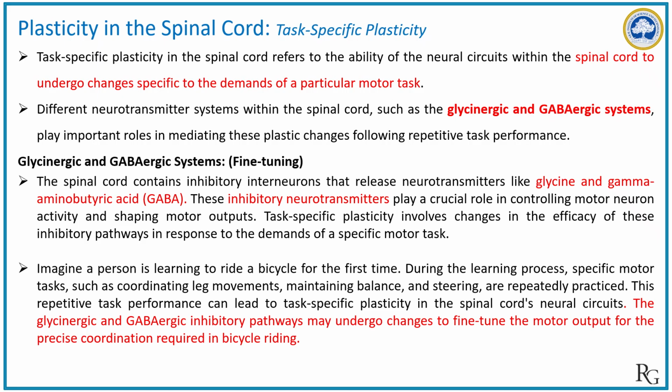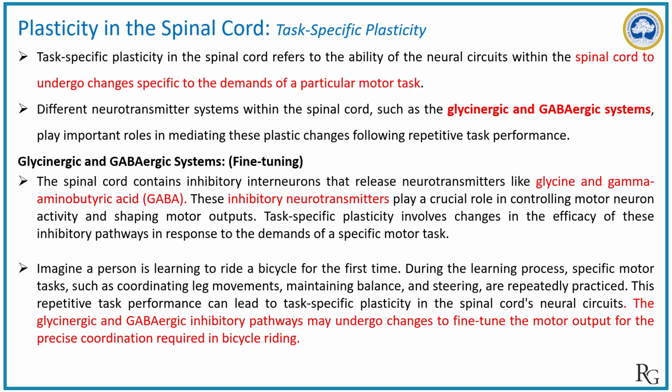Now, task-specific plasticity in the spinal cord refers to the ability of the spinal cord circuits to adapt and reorganize their pathways in a way that is specific to the demand of a particular motor task.